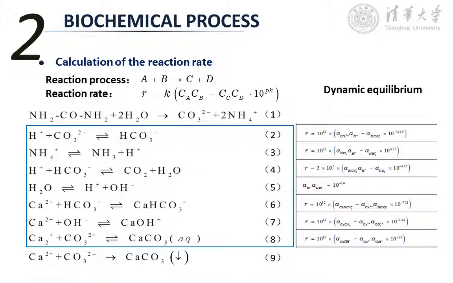And the second part is the biochemical process. The first step is the hydrolysis of urea, and then further reactions can happen according to equations 2 to 9. Except the urea hydrolysis and carbonate precipitation, all the reactions are reversible, so we can calculate the reaction rate by the condition of dynamic equilibrium.